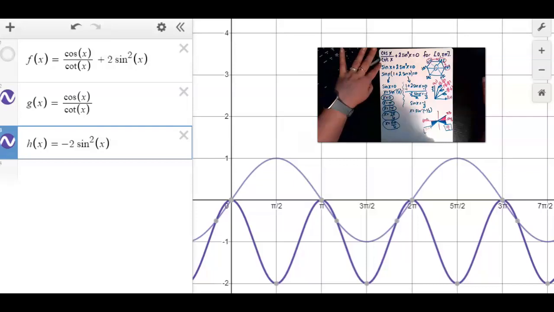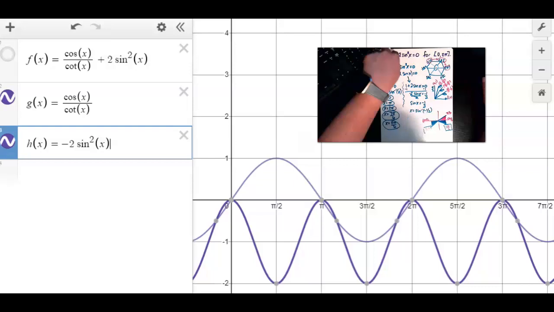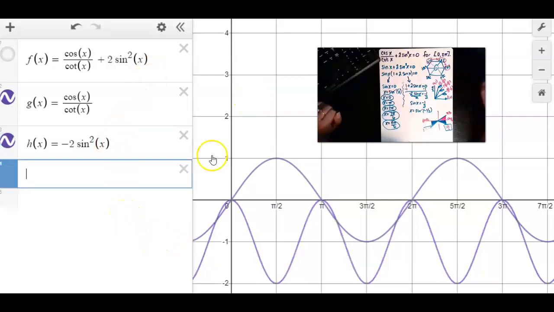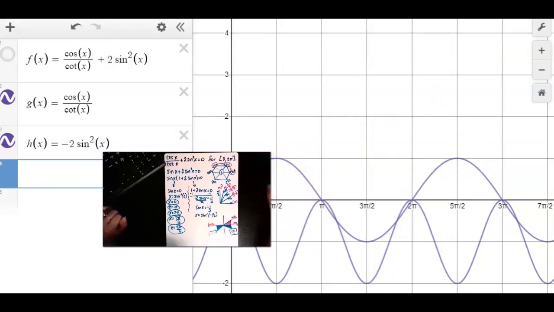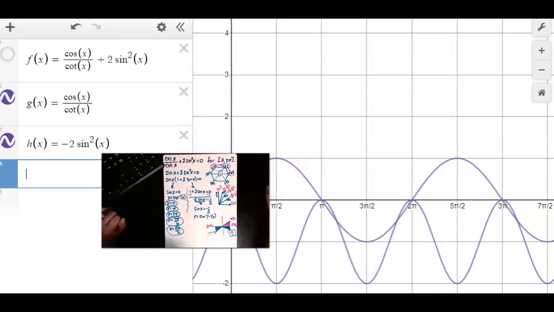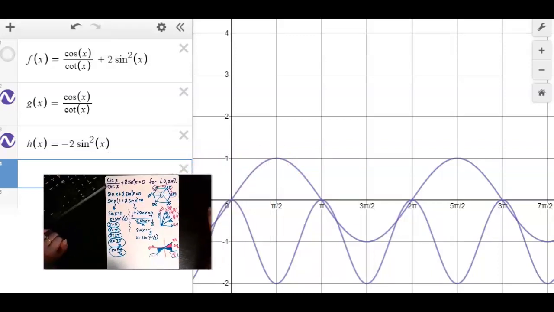So to move that 2 sine squared x over to the other side, we have to subtract it. So now we'll press enter, and the solutions to this are going to be wherever there are points of intersection between these two graphs.